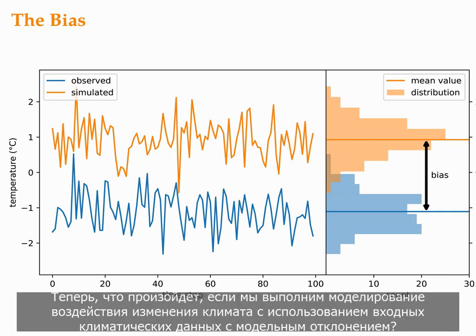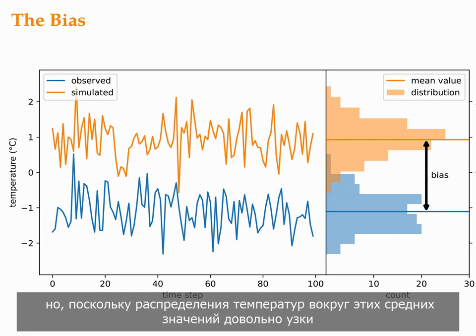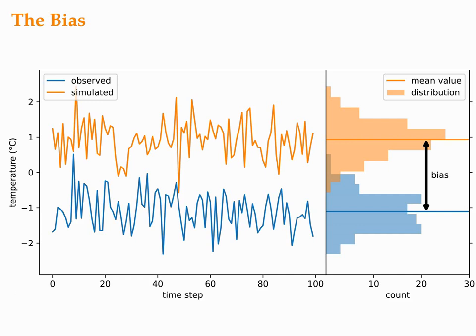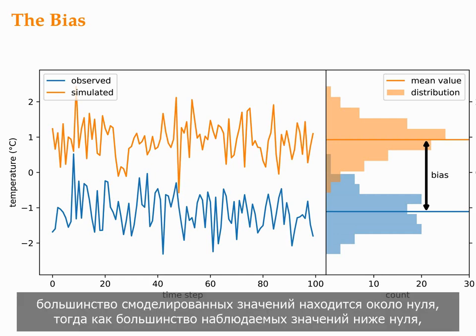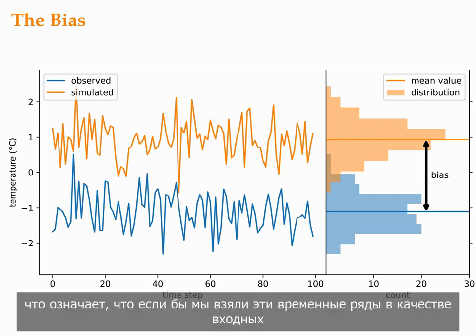Now, what would happen if we did climate impact modeling with such biased climate input data? In the present example, the mean value bias is rather small, with a magnitude of only about 2 degrees Celsius, but since the distributions of the temperatures around those mean values are pretty narrow, most of the simulated values are above zero, whereas most of the observed values are below zero.